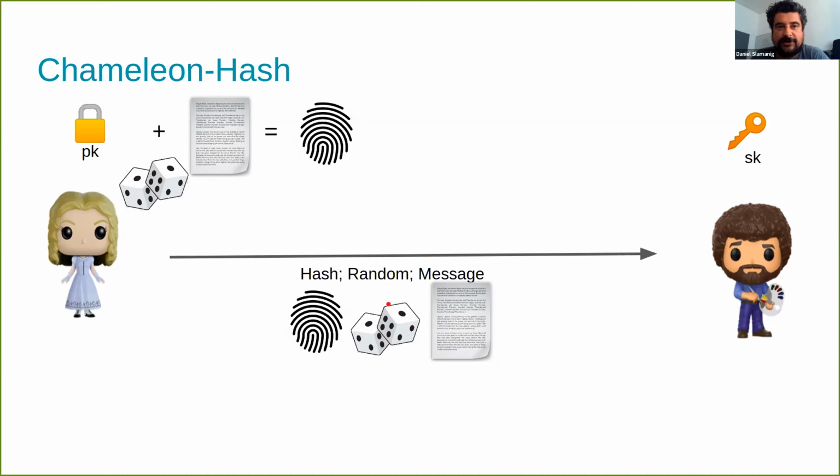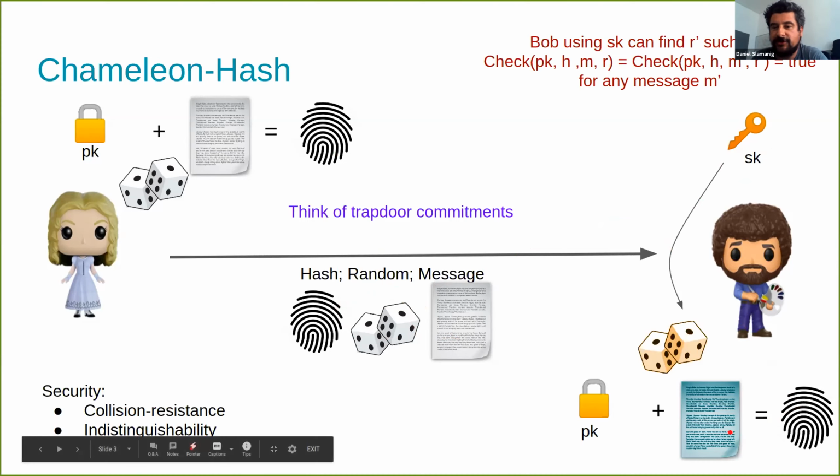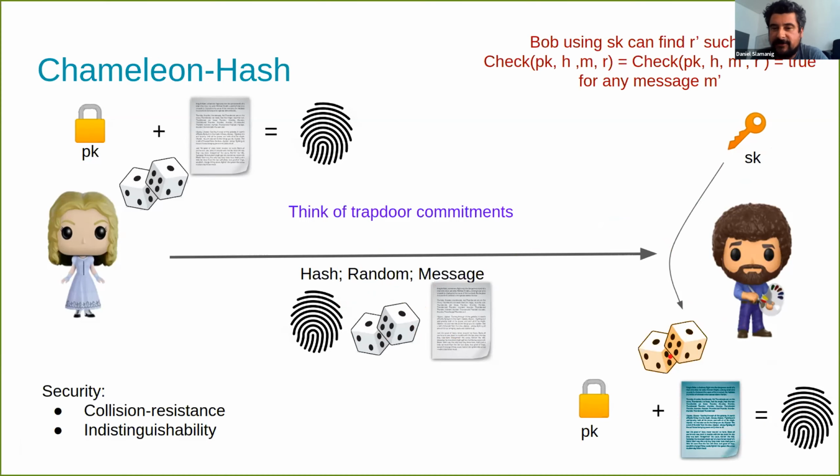And there is some additional information associated to the public key, which is the trapdoor, which is a secret key. And if you have the secret key, then the secret key allows you to explain this hash value for different messages. So basically it means that you can compute randomness that explains this hash for a different message.